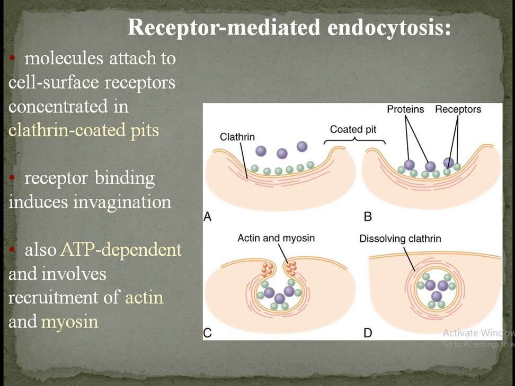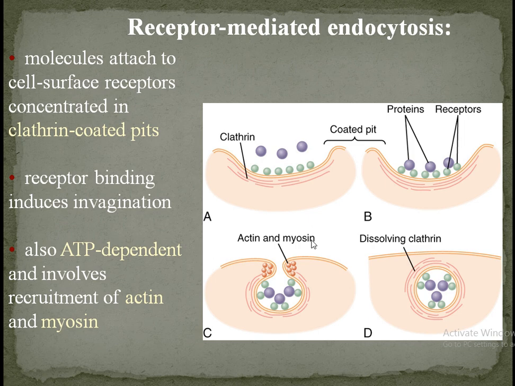The substances are attached to these receptors so that the specific types of filaments, actin and myosin filaments, contract to form an invagination around these substances, so that a vacuole, a food vacuole, is formed in this way. It is also ATP dependent and involves recruitment of the actin and myosin filaments, as shown by this diagram.